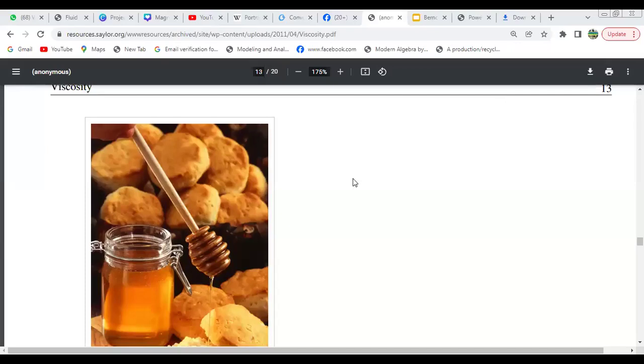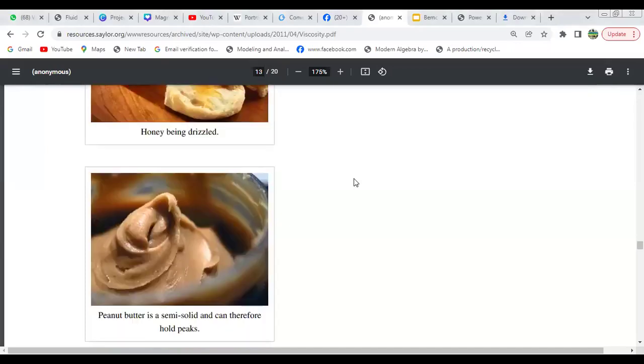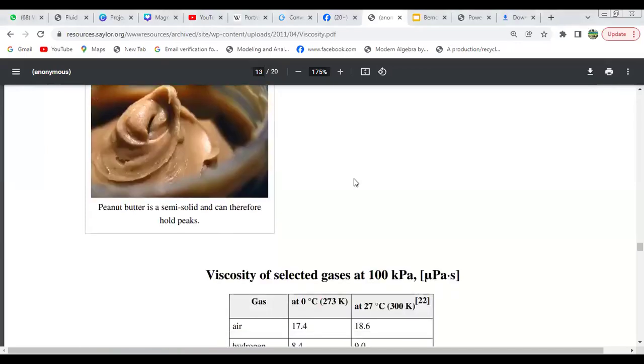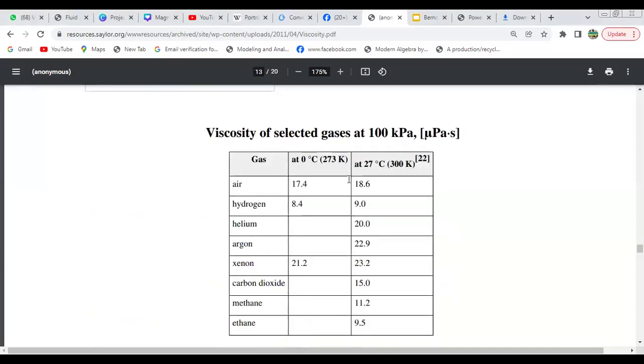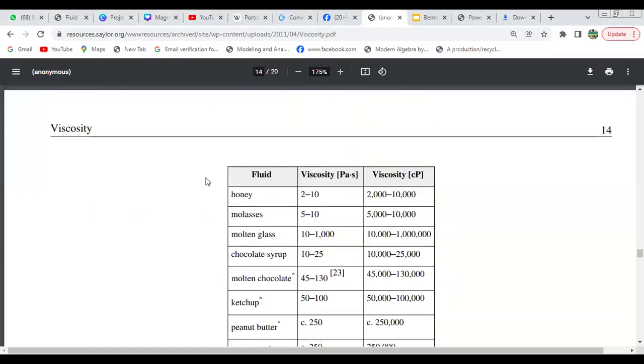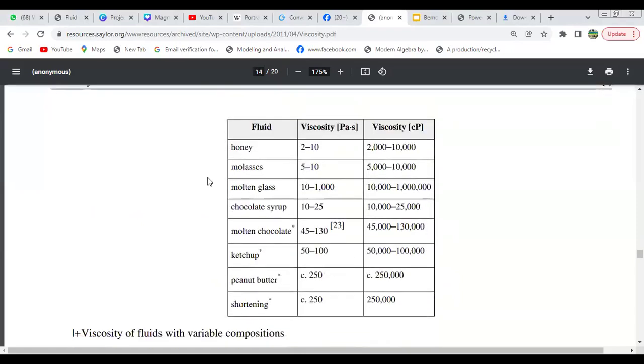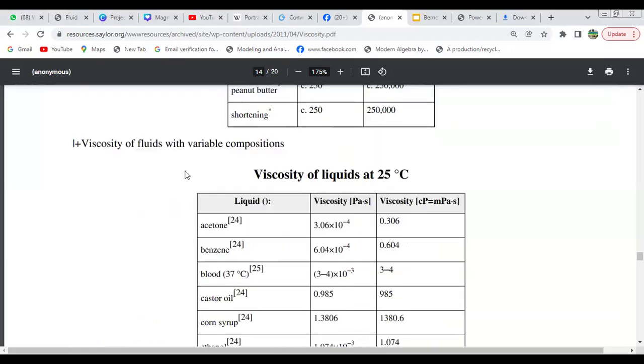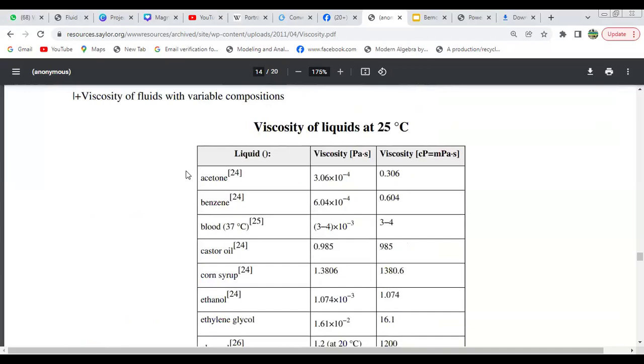This is different for different liquids. This is the viscosity of selected gases. These are the standard values, and this is the fluid honey, whose viscosity will be like this, and viscosity at 25 degrees centigrade.